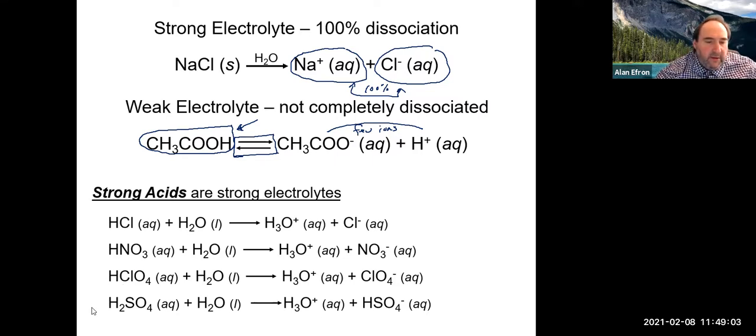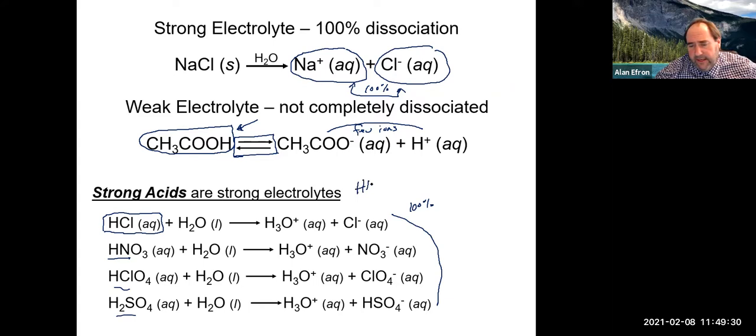These are all strong electrolytes, which means 100% of everything is on the product side. We have no HCl units still present in solution, no nitric acid, no perchloric acid, no sulfuric acid. It pretty much 100% dissociates. Other strong acids: HBr, hydrobromic acid, and hydriodic acid are also strong acids. So those are some common examples of strong acids.